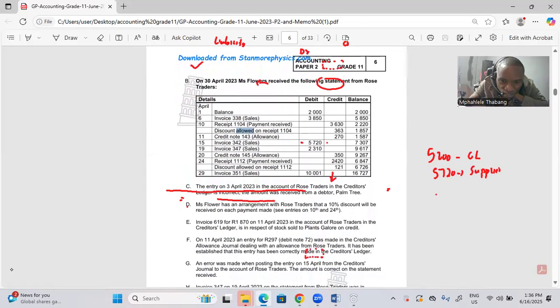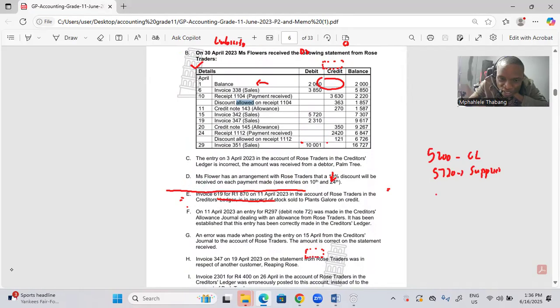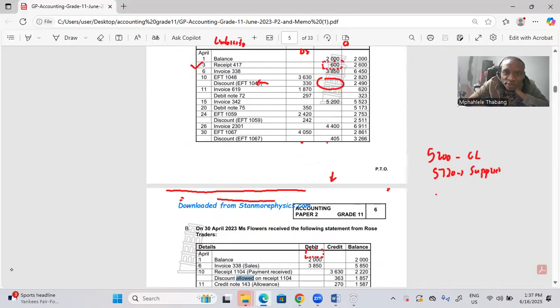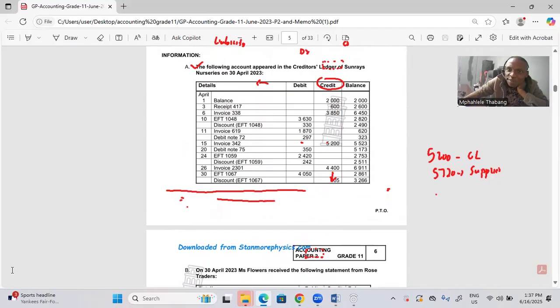We can go and read again. An error was made when posting the entry on the 15th April from the creditors journal to the account of Rose Trader. So we made a mistake when we were posting in the account of Rose Traders. We made a mistake when we were preparing our creditors ledger. We recorded 5,200 instead of recording 5,720.